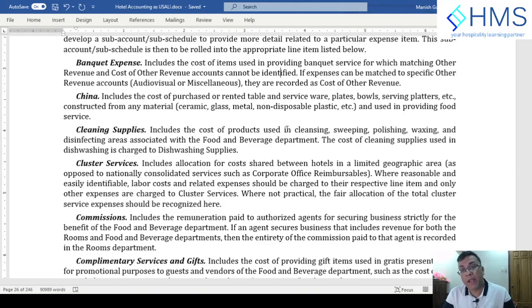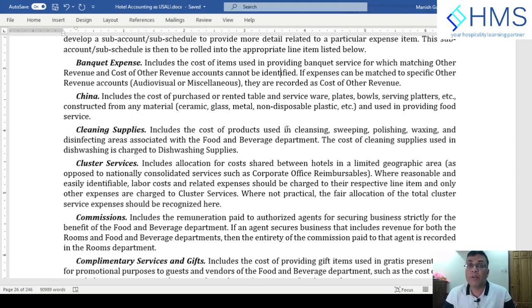Or you may have an F&B director for the cluster, who is taking care of two or three hotels as a cluster food and beverage manager. Those costs will be charged to the cluster services. The labor cost, however, is charged to the respective line item, and only the other expenses are charged here.